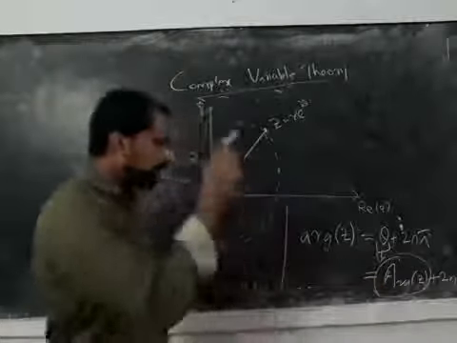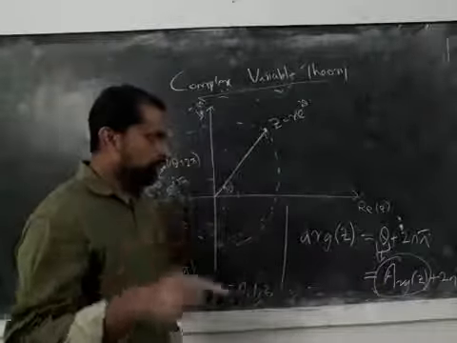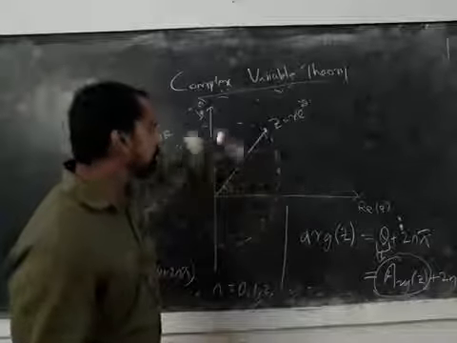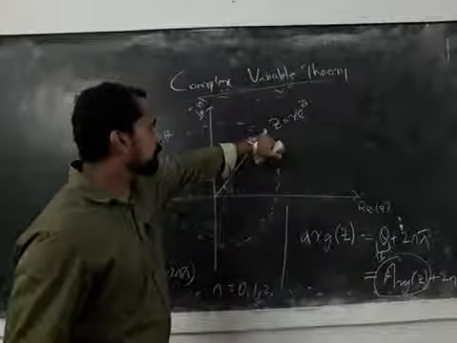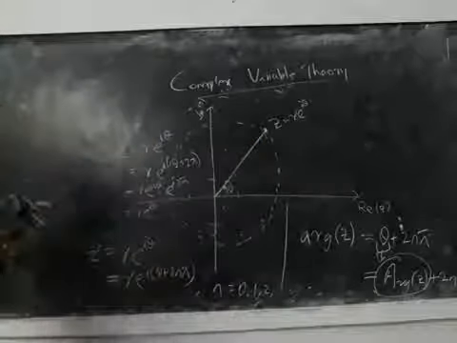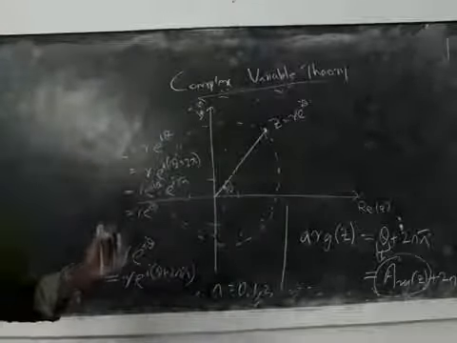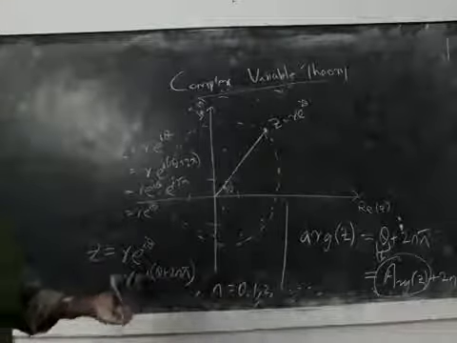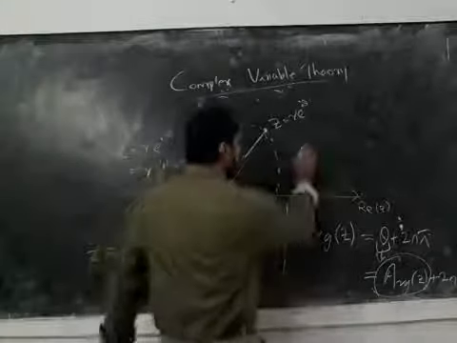After that you are adding 2 pi, and each 2 pi will take you to the same point on this complex plane.